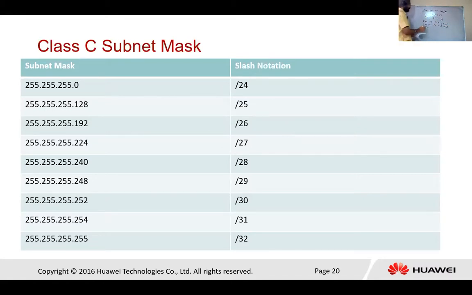So this is our first block. And how can we calculate our second block? The second block, that is 200.100.150.16 to 200.100.150.31. So this is our second block.